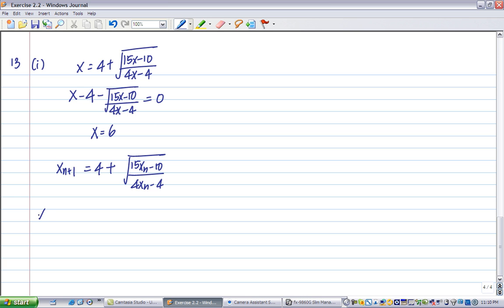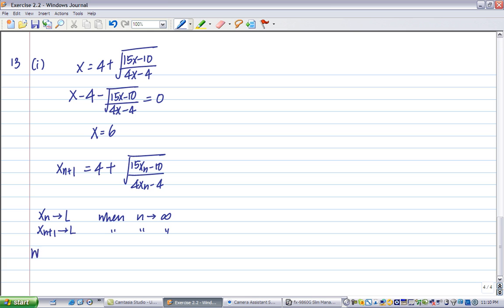Now if xn converges to L when n tends to infinity, xn plus 1 also tends to L when n tends to infinity.